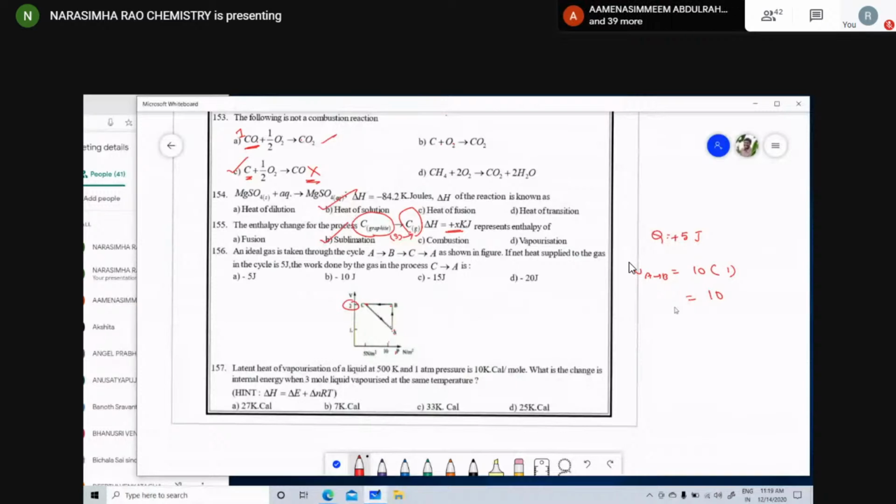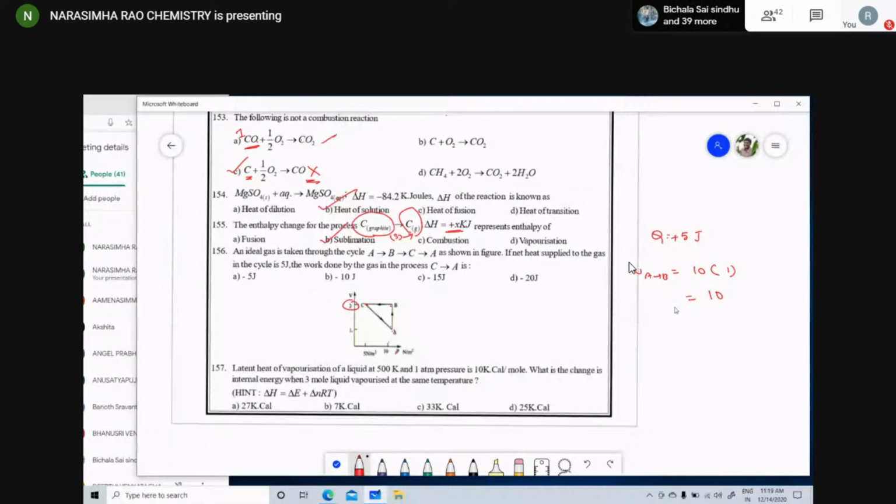Okay. Now, what happens to this W? Is the cyclic process clockwise or anti-clockwise? Tell me. Anti-clockwise. So W is positive. Here the volume, this is A to B, increasing, anti-clockwise. Now W is equal to how much? -10.